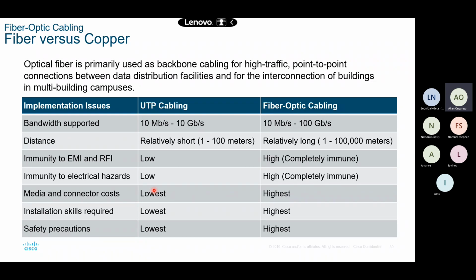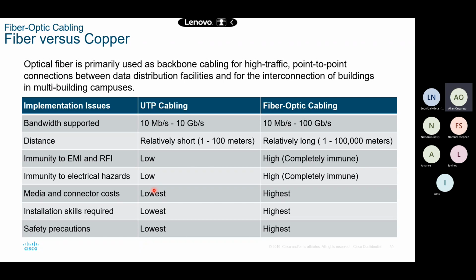Okay, that's important. Number 3, are they immune to EMI and RFI? Very important. Number 4, immunity to electrical hazards. Okay, if you bring each of them closer to an electric cable, what is going to happen?